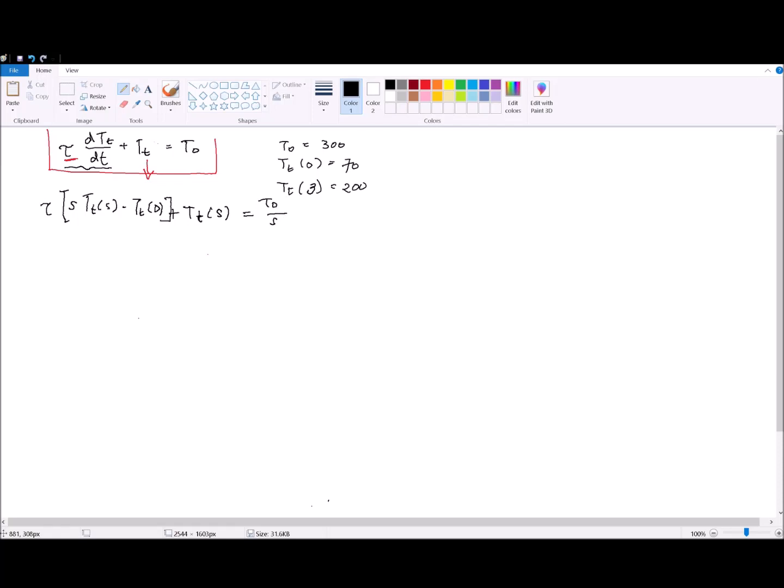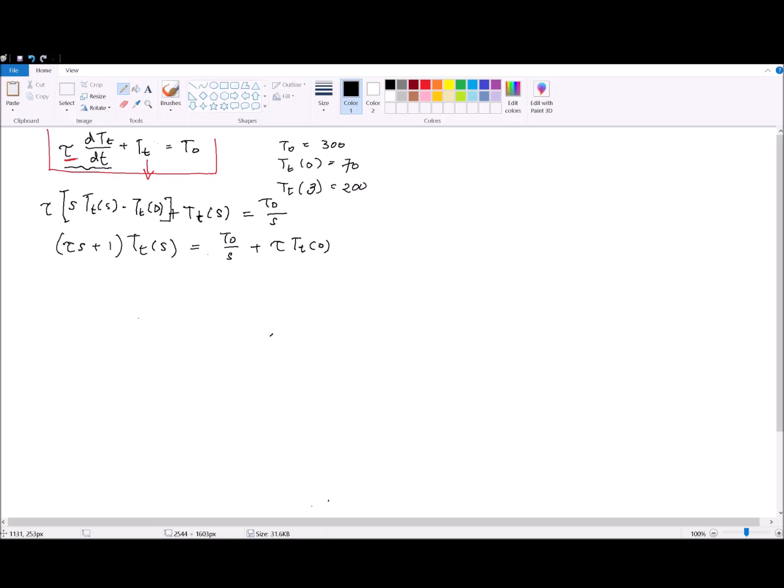So now I will group the T sub t with the other T sub t, and then I will group the rest. So this will become tau s plus 1 times T sub t of s, equal to T naught over s plus tau times T sub t when time equals 0.